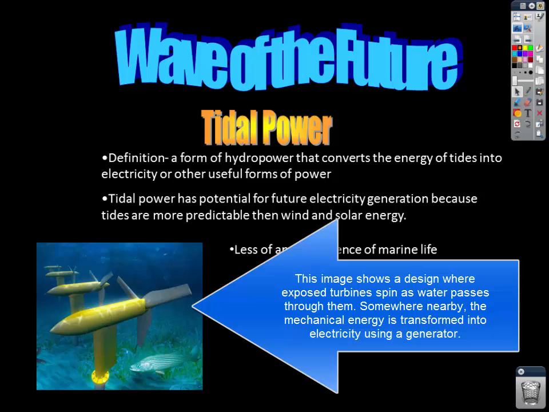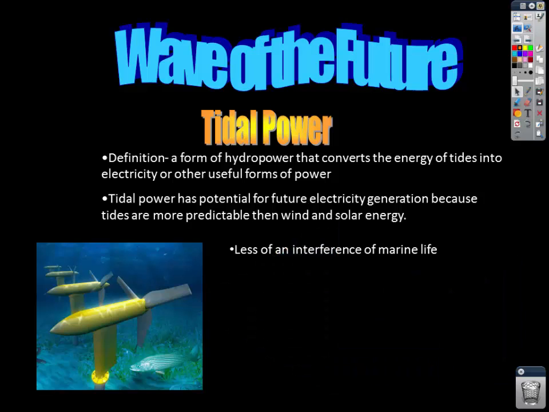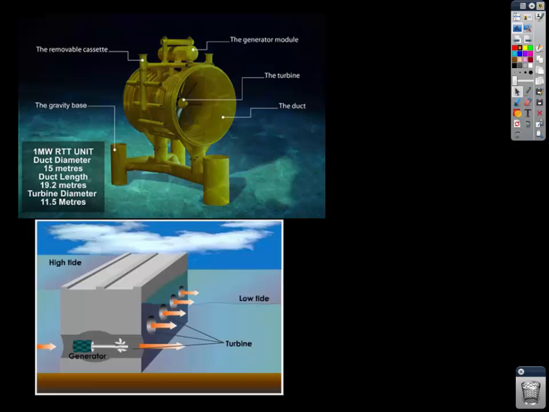But just like a hydroelectric dam, that's what we want to do. We'll go into a bay or a cove, and we'll create a dam underneath the water. At low tide, the water will go on the one side, and then at high tide, it will move through our dam and turn that potential energy into kinetic energy, hook it up to a turbine, and generate electricity in that way.